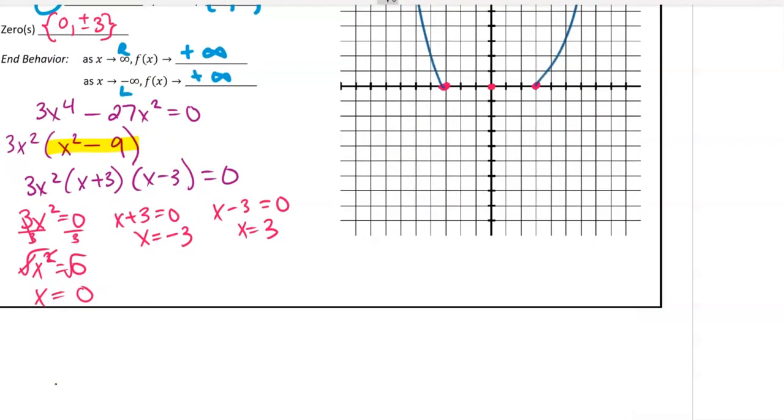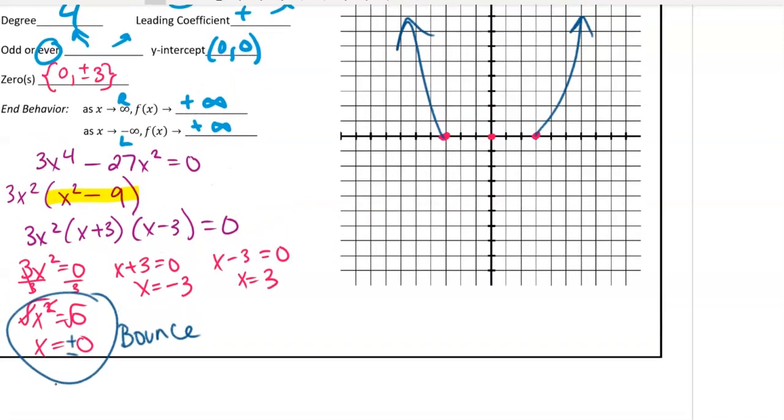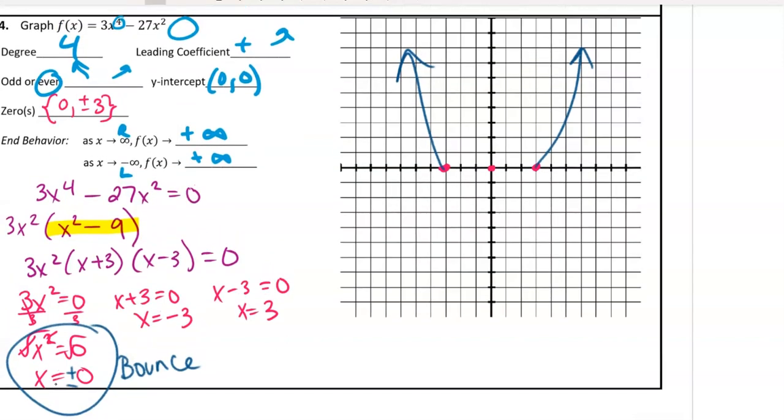I think here, because we took the square root of 0 in this area right here, technically the square root of anything is plus or minus, but 0 does not have plus or minus. So I think this is telling us that the bounce here is going to be at the 0. I'll have to confirm with Miss Kennel. That's a little odd for me, but I'm pretty sure that's what it is.